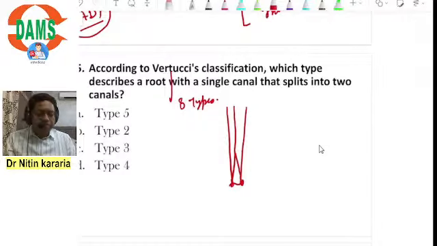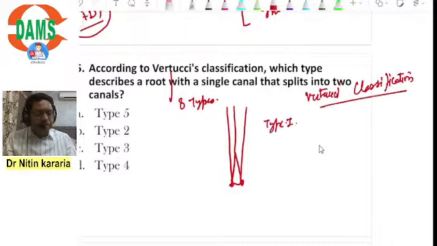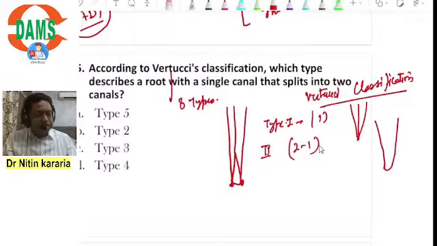Which type? Now, if we revise the Vertucci classification, type 1 is a single canal, meaning a root with a single canal. Vertucci type 2 is a 2-1 configuration. 2-1 configuration means a root with 2 orifices in the coronal part, 2 separate canals emerge and they join and exit as a single apical foramen.